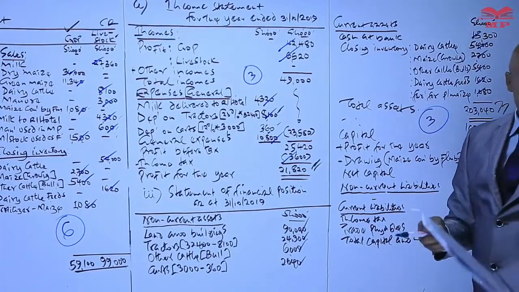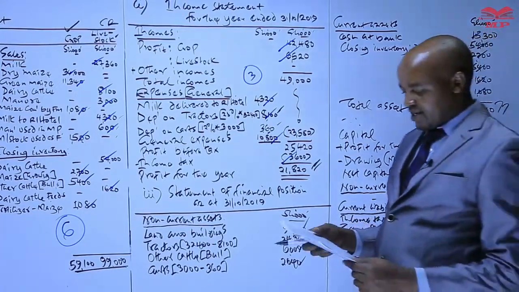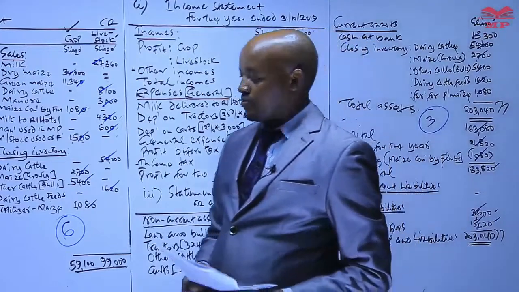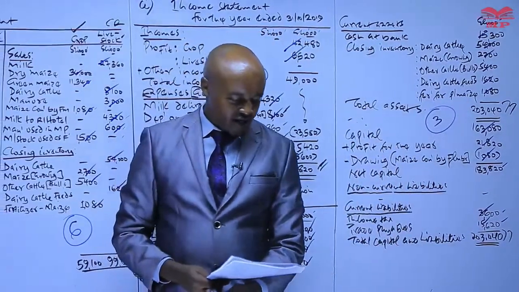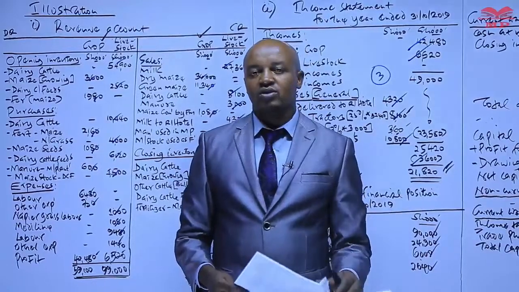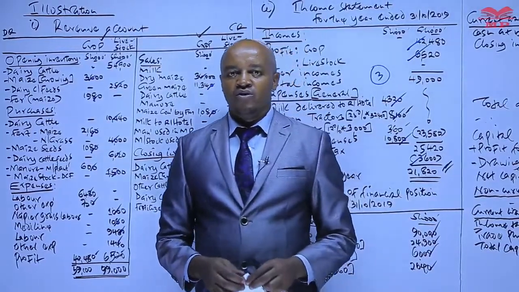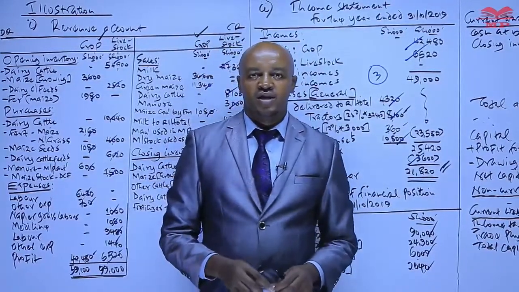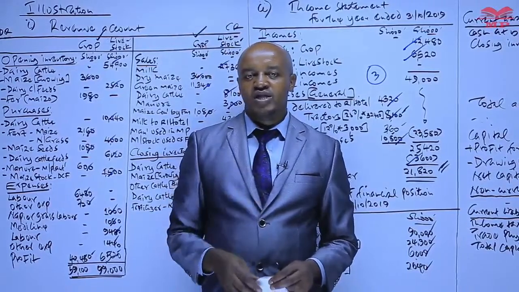So that basically brings us now to the end of that particular topic relating to accounting for agriculture activities, or accounting for farming activities. We have been able to discuss a number of issues.